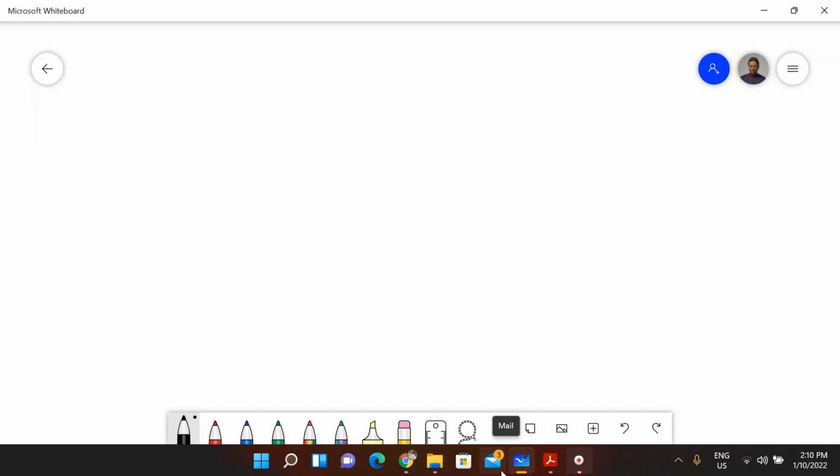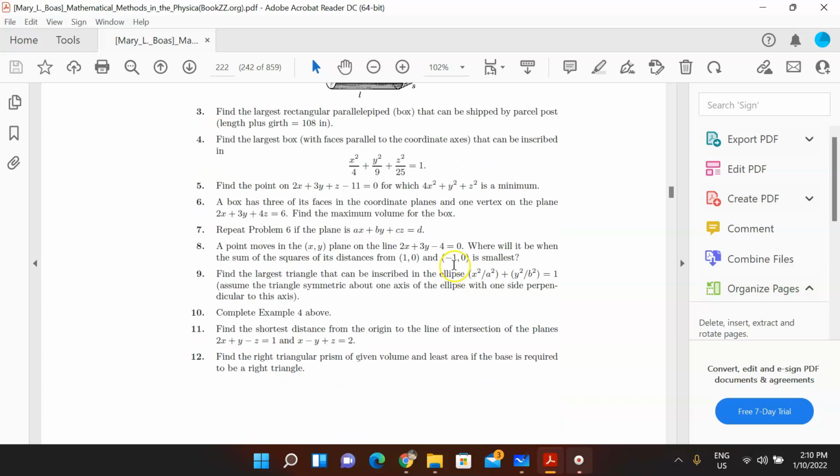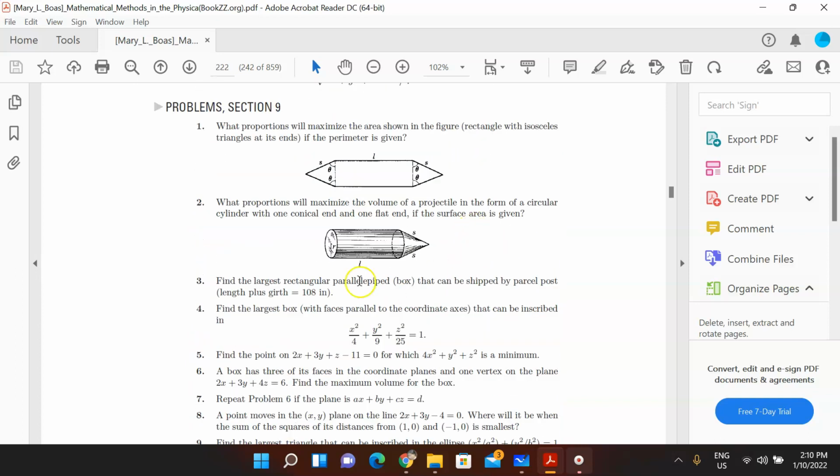What we had previously was to look at applications of partial differentiation to what you call generally extremization problems. So let me do that example again.